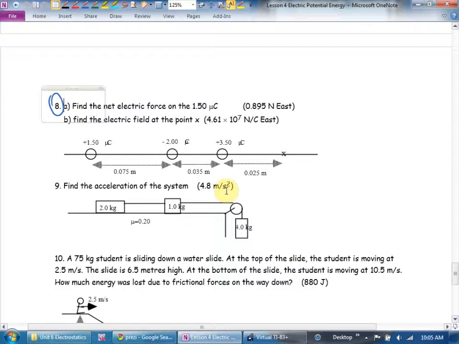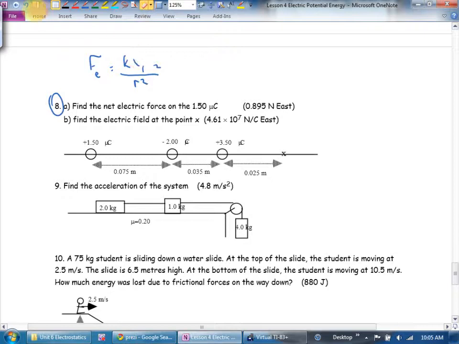So, you found the electric force from part A? Okay. I'm going to make a little argument here. See if you can see where I'm going, Sally. Electric force is equal to K Q1 Q2 over R squared. True?